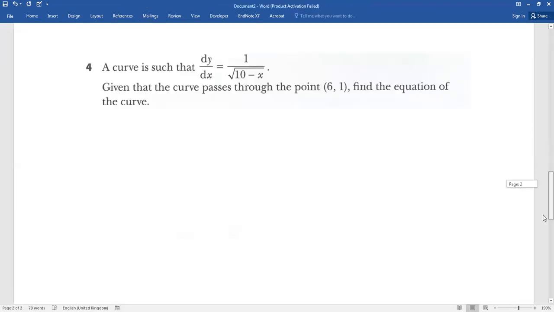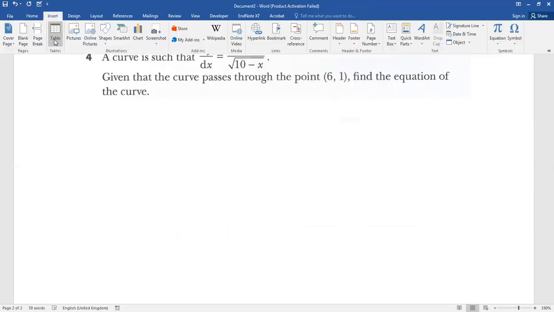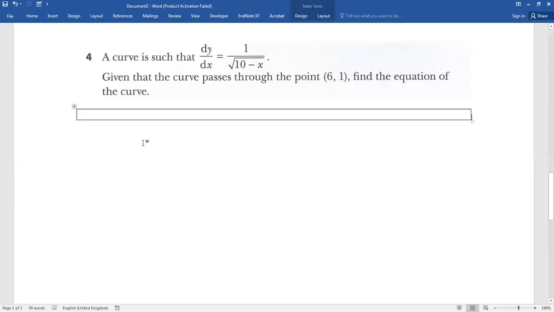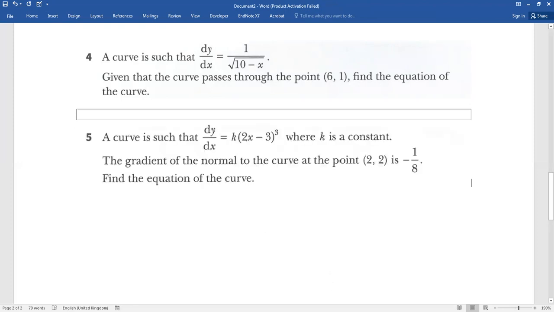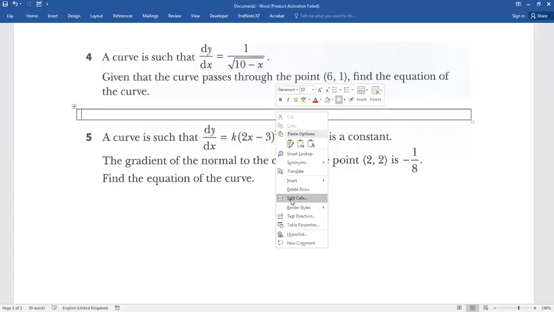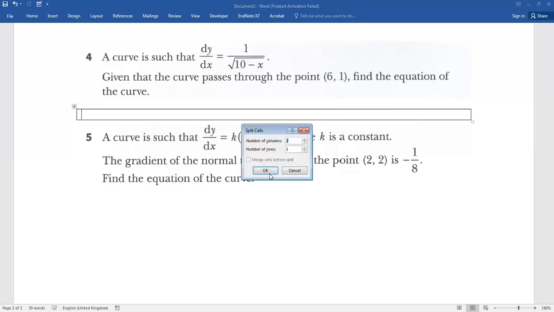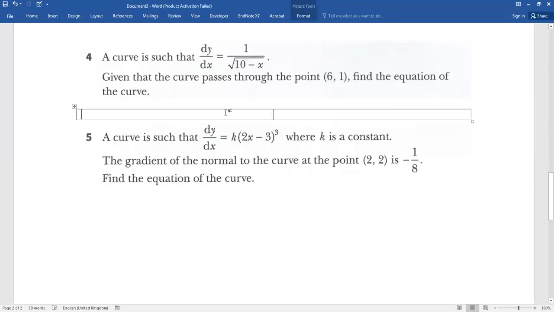Then question number 4, 5, and then we'll go on to question 6. So now I'm done. Part 5 also. Okay, so what did you do in the first one?